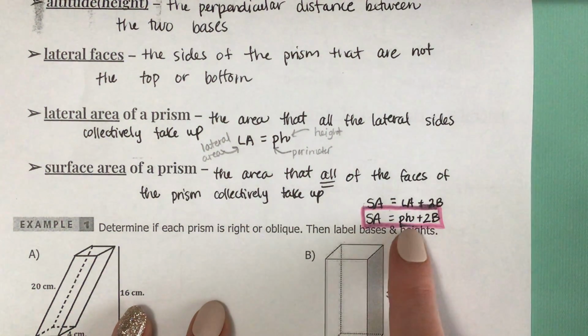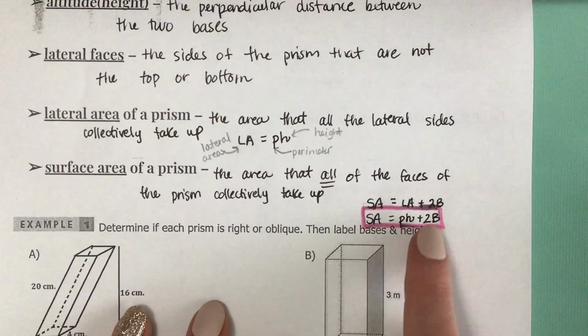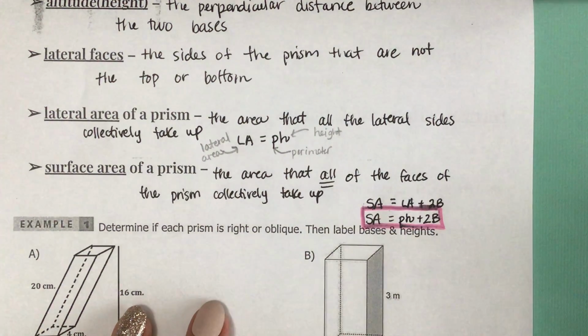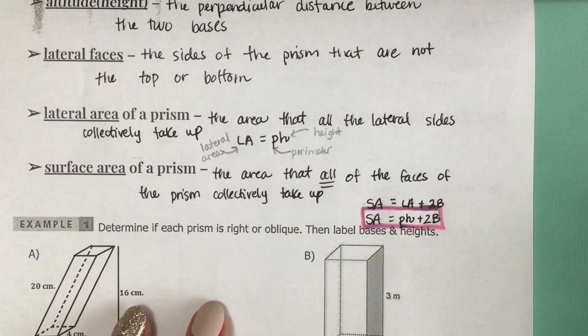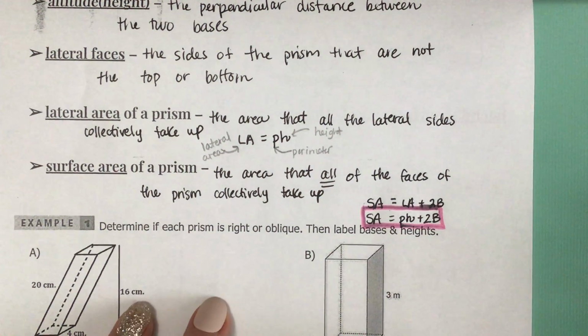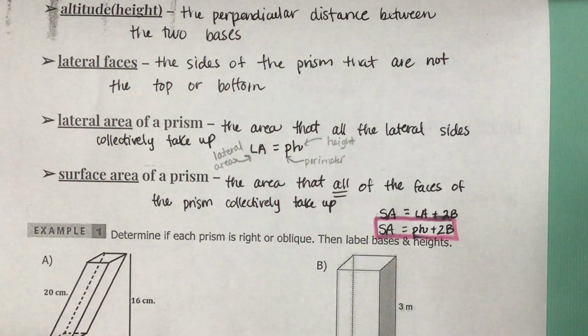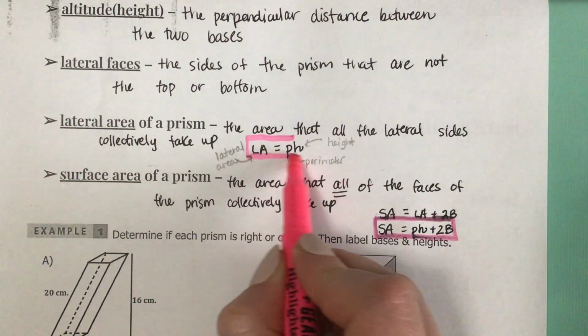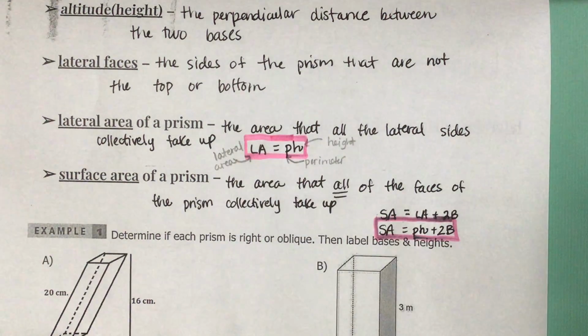Are you using capital H or lowercase h? Like make sure as well for B, capital B or lowercase b, because as we progress in mathematics, all of those tiny details become more and more important as what we're learning becomes a little bit more complicated. So here are our two formulas that we're going to use, and let's solve some problems with that now.